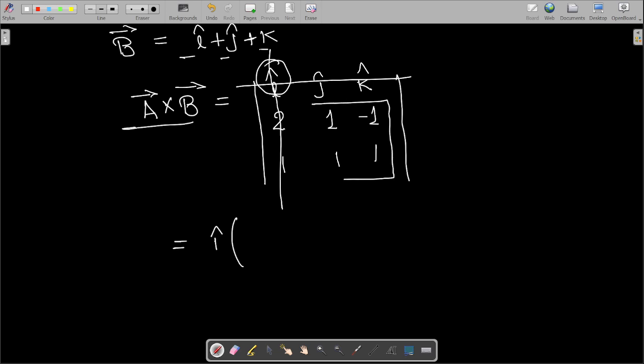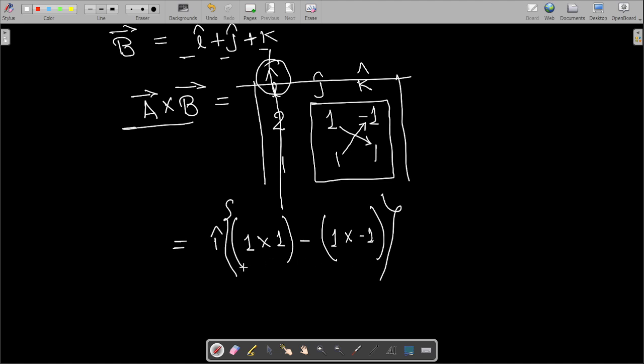Only this part. So we will do the mathematical operation on these four quantities. How? Multiply this with this and then subtract by multiplying this with this. Let's see how. 1 multiplied by 1 and then minus 1 multiplied by minus 1.